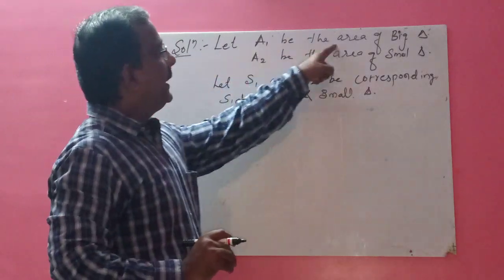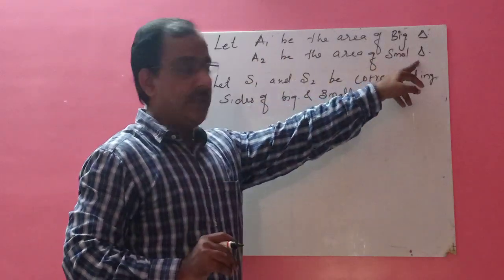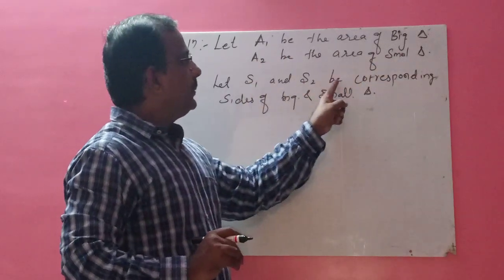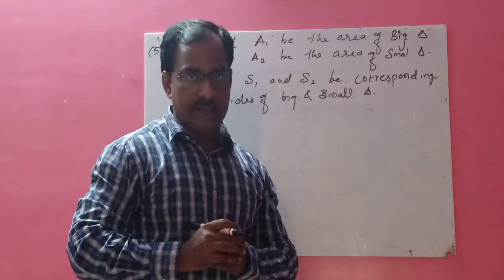A1 be the area of bigger triangle, A2 be the area of smaller triangle, S1 and S2 be corresponding sides of bigger and smaller triangle.